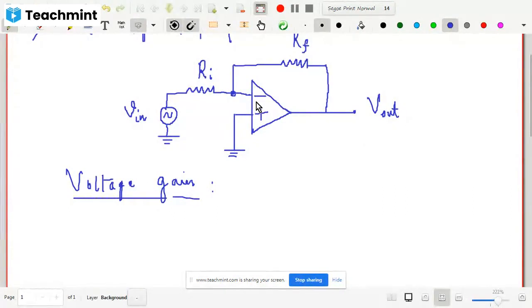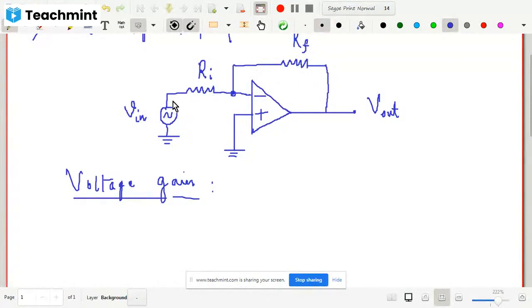So, what is the meaning of this? That whatever current is coming from this voltage V in, it will not go inside the operational amplifier, it will go through this feedback resistance.